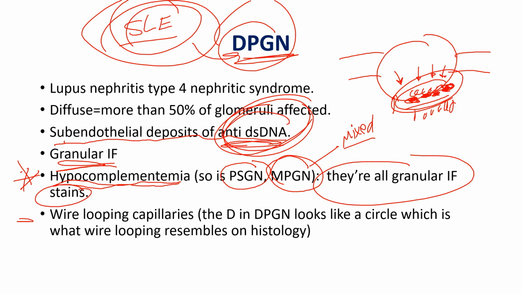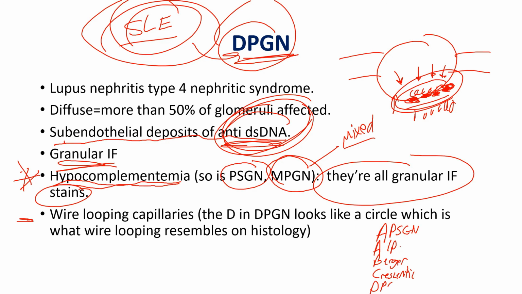Now, the last characteristic, you have something called wire looping capillaries. The way I remember this is if you were to write out our little mnemonic, ABCDs of nephritic syndrome, right? We talked about acute post-strep glomerulonephritis. We talked about Alport's. We talked about Berger's, which is IgA nephropathy. We talked about crescentic or rapidly progressive.